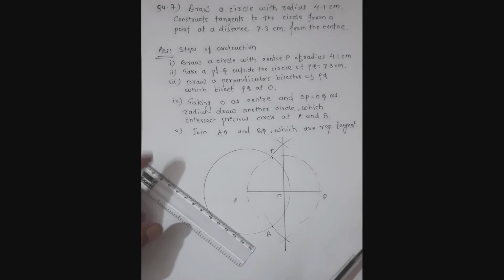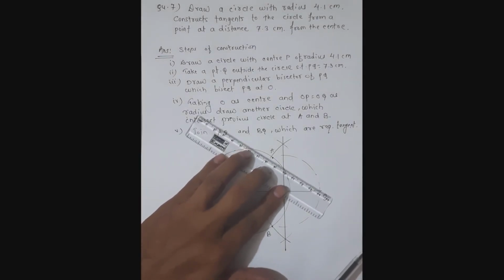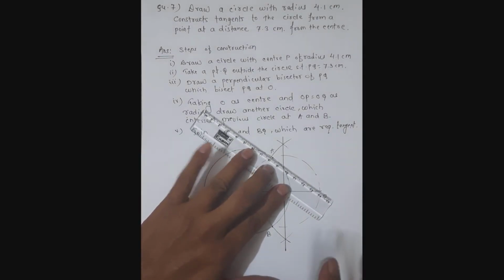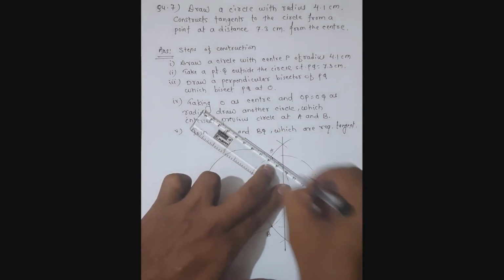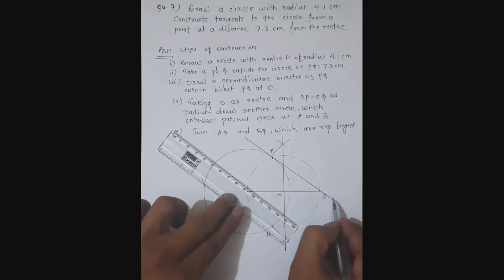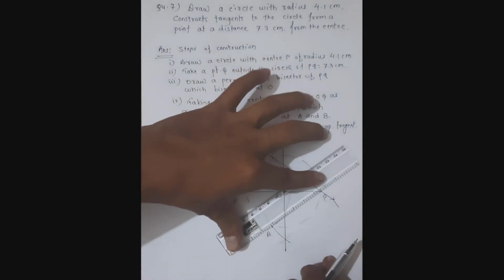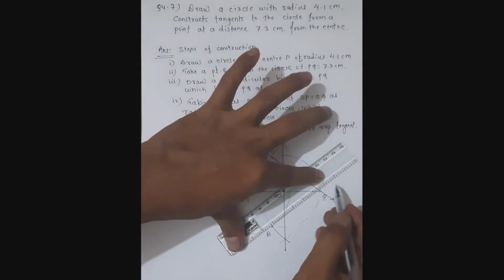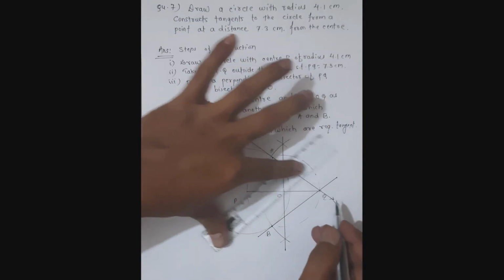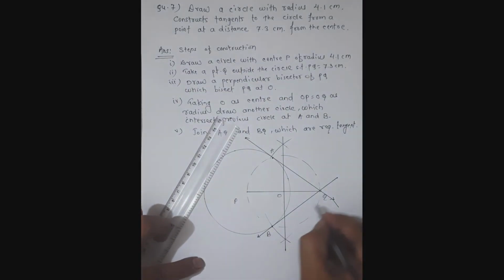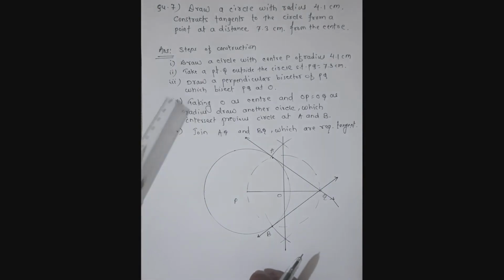So for the required tangents, we join this AQ and this BQ. So in this way you solve question number 6 and 7, which are very easy questions.